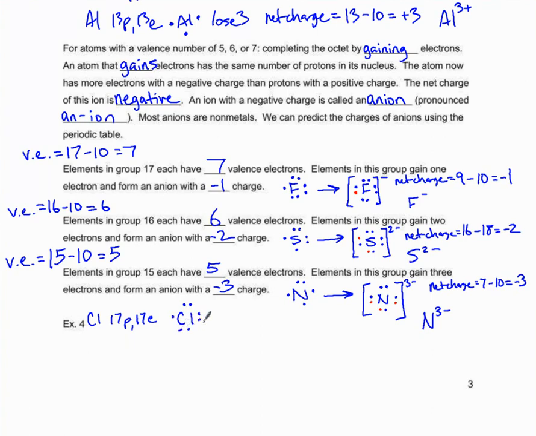And it's a lot easier to gain 1 than it is to lose 7. And so its net charge is 17 protons minus, it now has 18 electrons. So its charge is -1, and we say that's Cl minus. Its name is chloride.